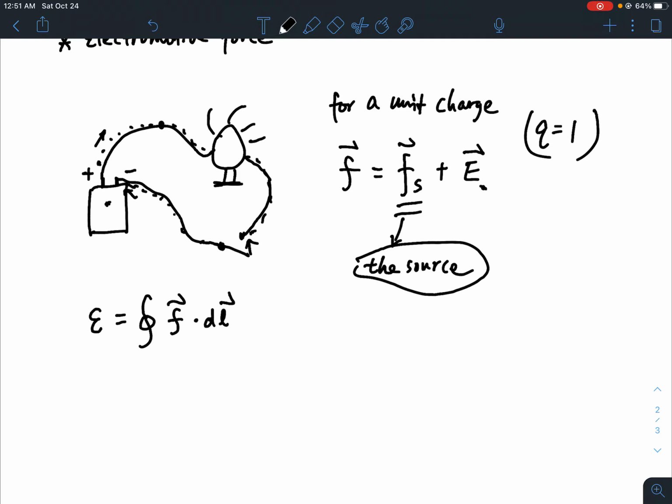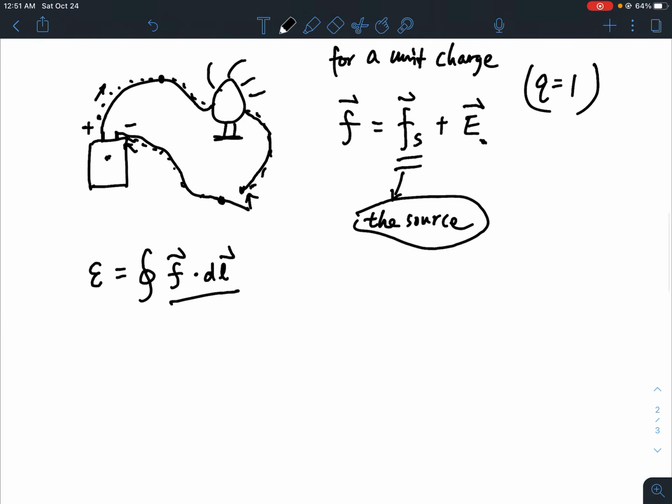You can see that this is really the amount of work done by this force. Because this force has two components, we do the first integral and the second integral.